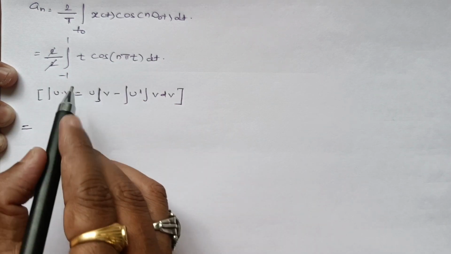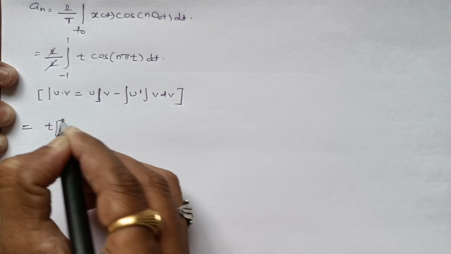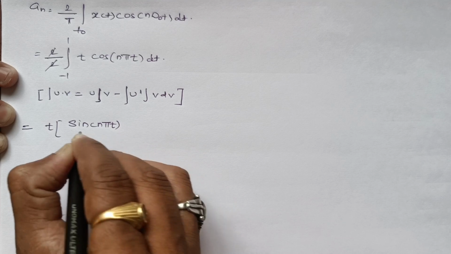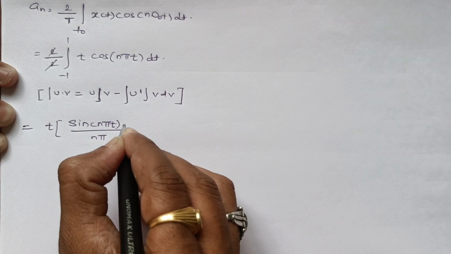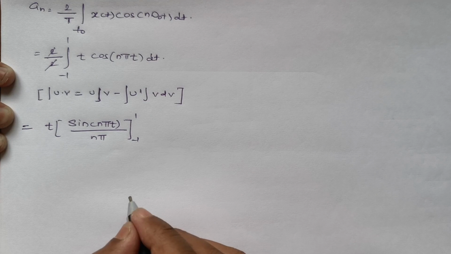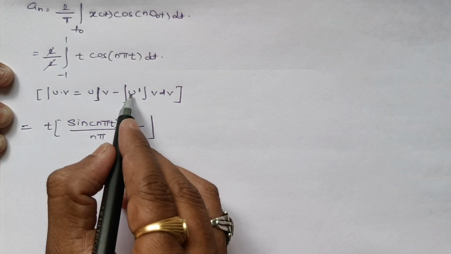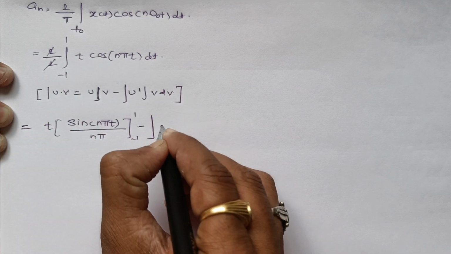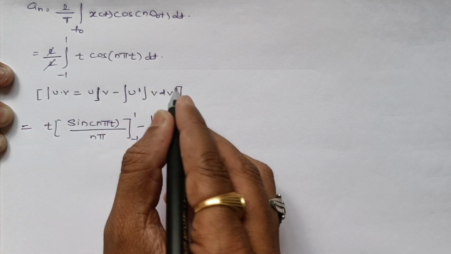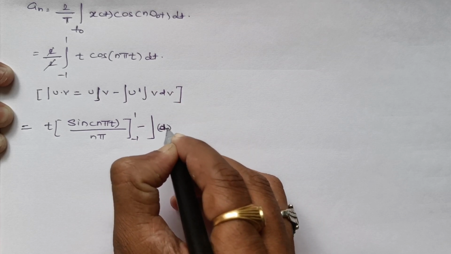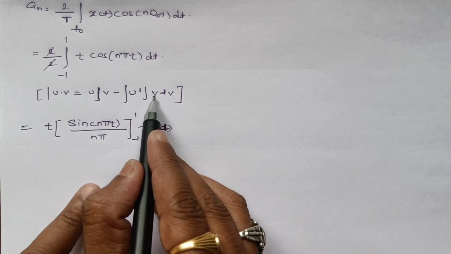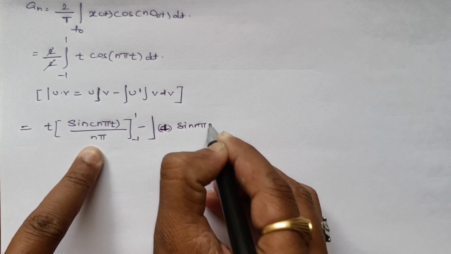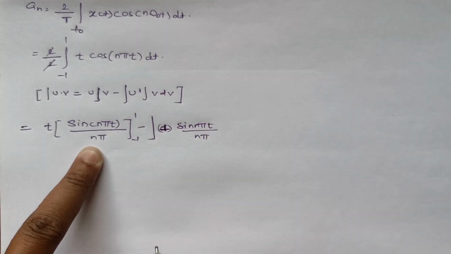We will integrate this term t into cos, whose integration is sin n pi t divided by n pi, over the limit -1 to +1, minus integration of now this one, u dash, that is the derivative of t. The derivative of t, sorry, the derivative of t we get is 1, into integration of v, which is this term. So we will write this as sin n pi t by n pi.